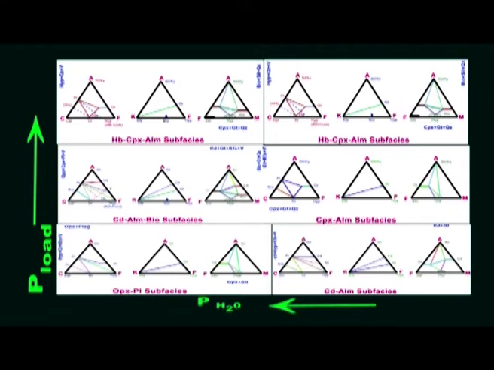Of these six subfacies, the three with relatively high water vapor pressure contain hornblende and biotite, in addition to characteristic anhydrous assemblages of the three subfacies of relatively low water vapor pressure.